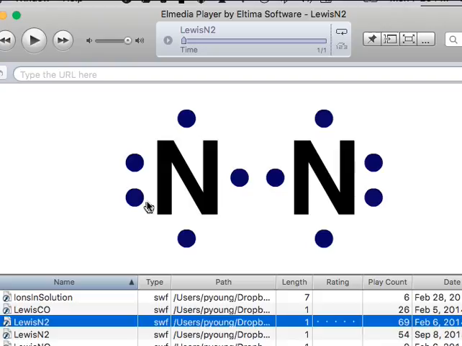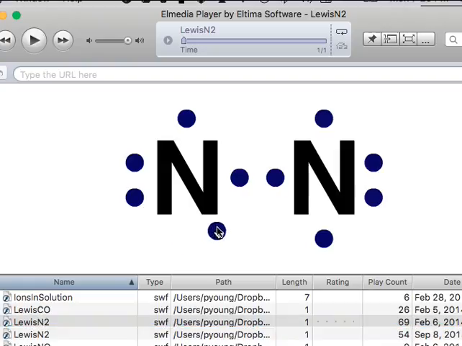So, remember, Lewis structures are just bookkeeping. They're just bookkeeping. So we could grab one of these guys and move it here in between. Grab one of these and do the same thing. Now, we have 2, 4, 6, 7 electrons around each nitrogen.